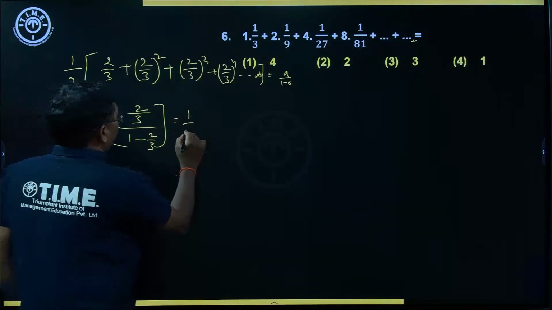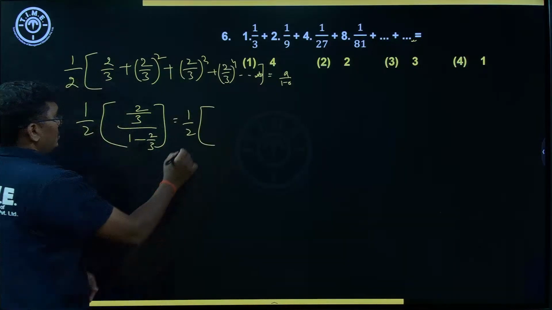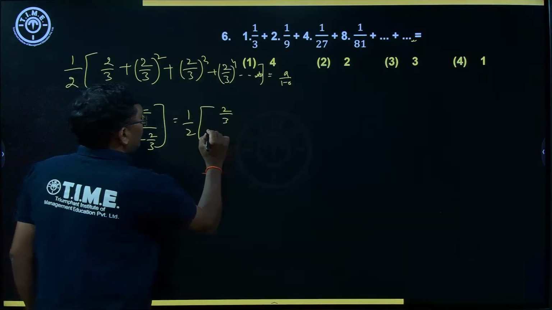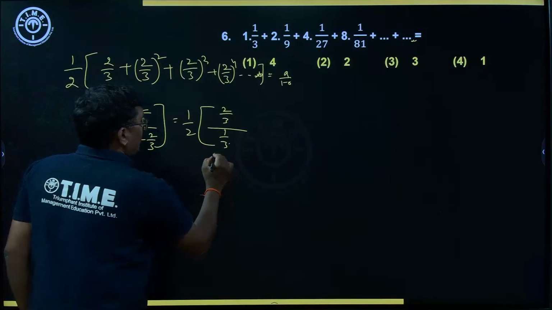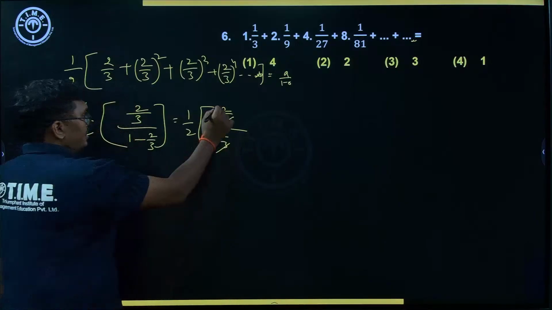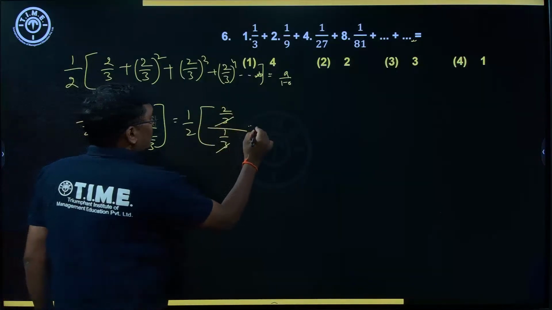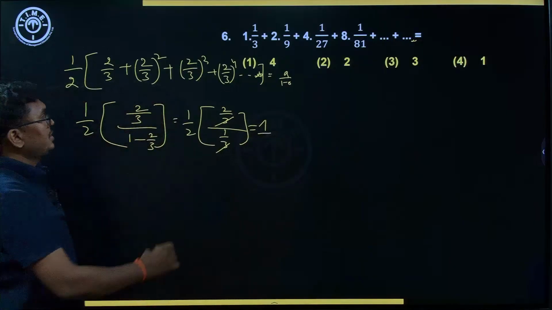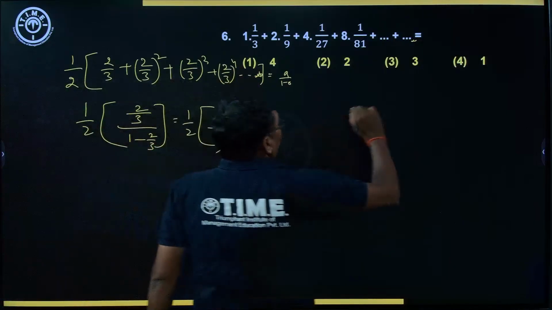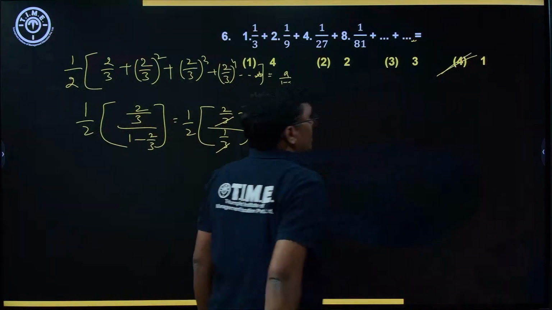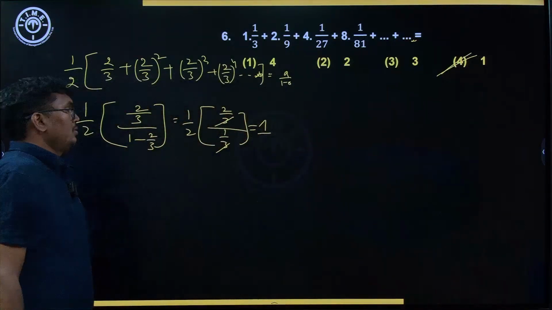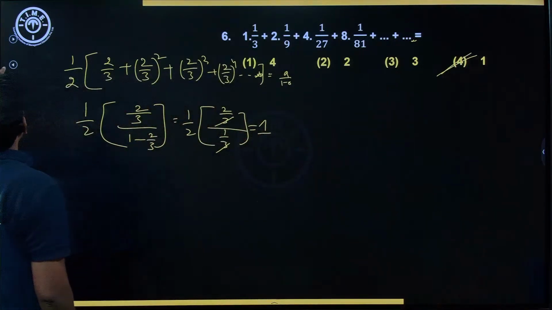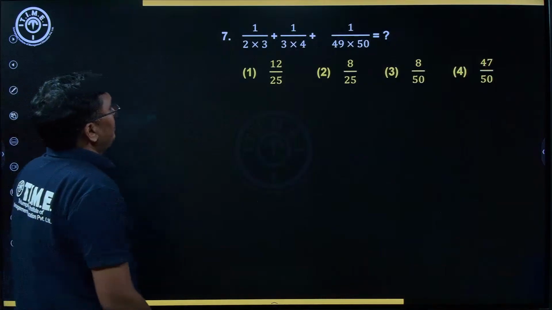So 1 by 2, and this is 2 by 3 by 1 by 3, so 3 gets cancelled and this is 2, and 1 by 2 times 2, so 1 is the answer. So the correct answer is choice 4, right?